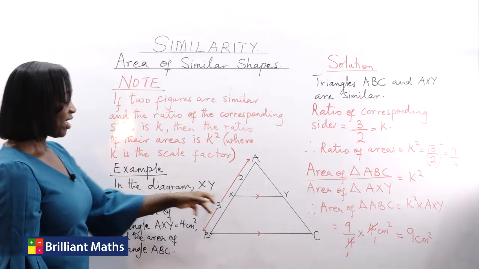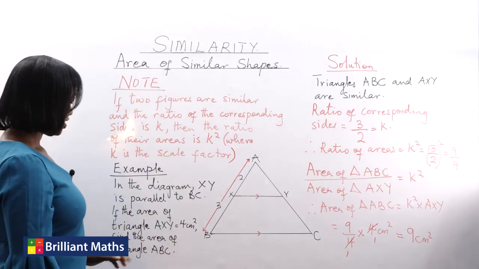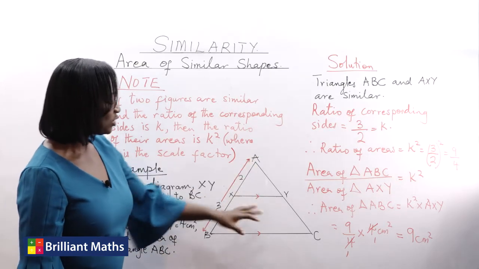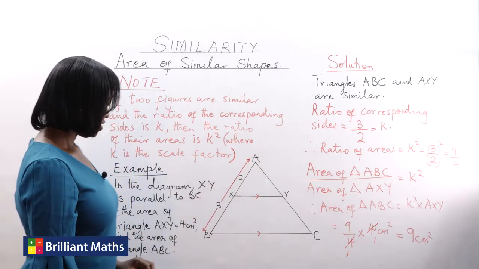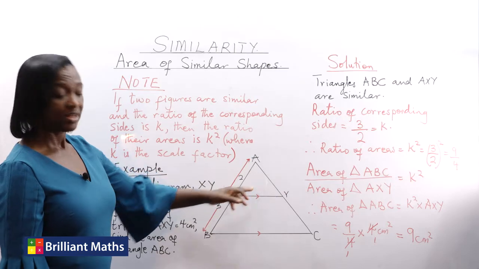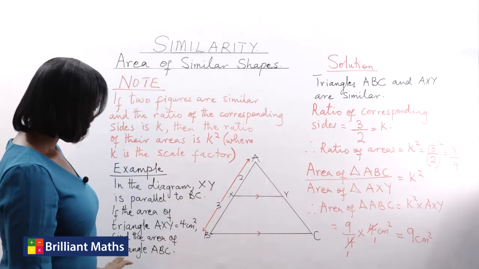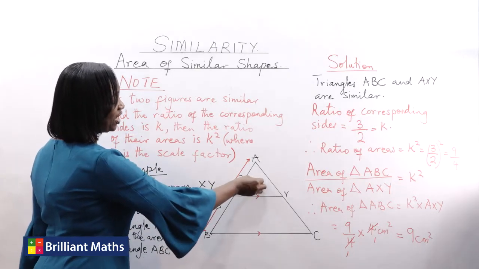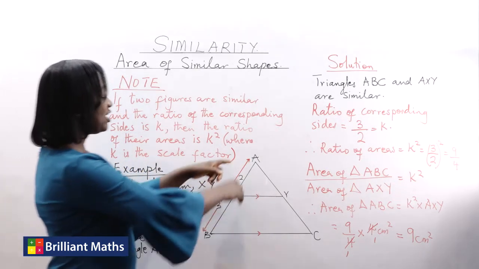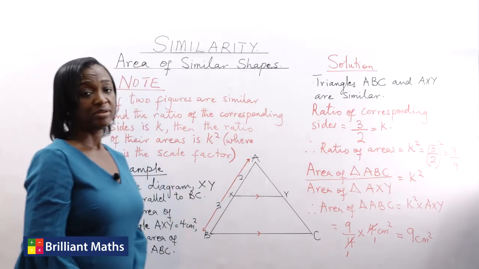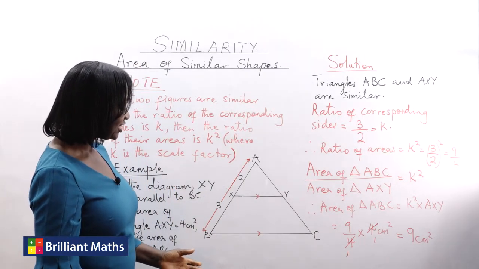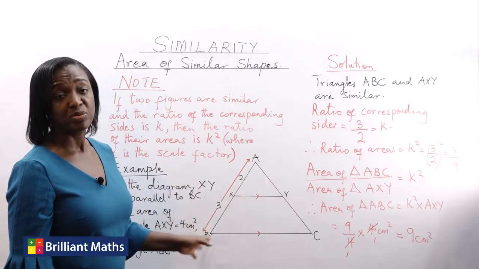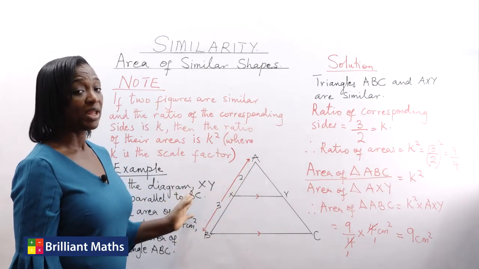In the diagram, XY is parallel to BC. If the area of triangle AXY, which is a small triangle, is 4 centimeters squared, find the area of triangle ABC. So we have the area of the smaller triangle, and we're supposed to find the area of the big triangle, using the fact that the ratio of the corresponding sides are equal. So we know our K.